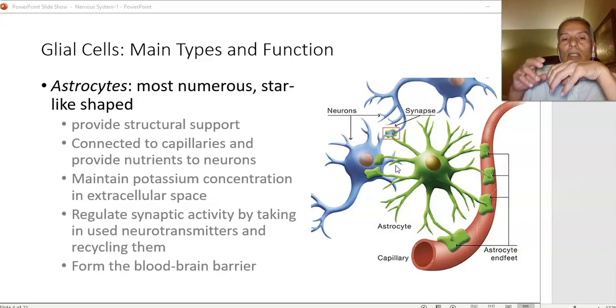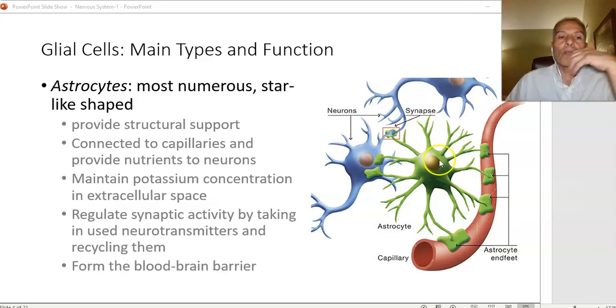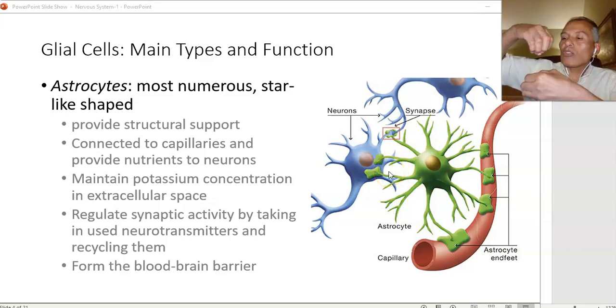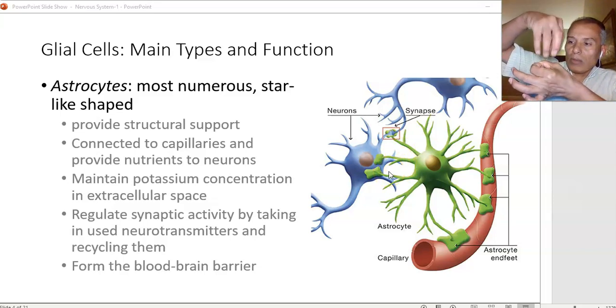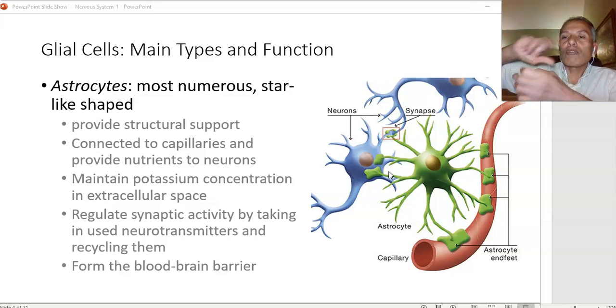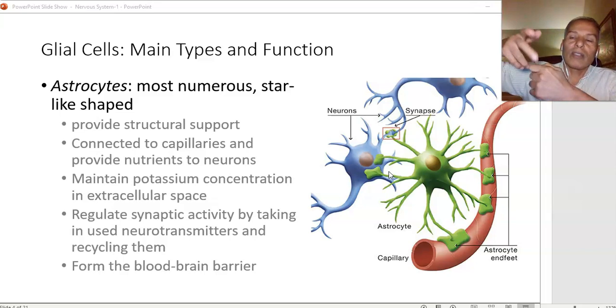Without a neurotransmitter, the cell cannot do its function. Most of the cells will not do their function. So the astrocytes regulate the level of neurotransmitters by also recycling some of these. When a neurotransmitter binds and then takes off after, some of them will be broken down and discarded, recycled.